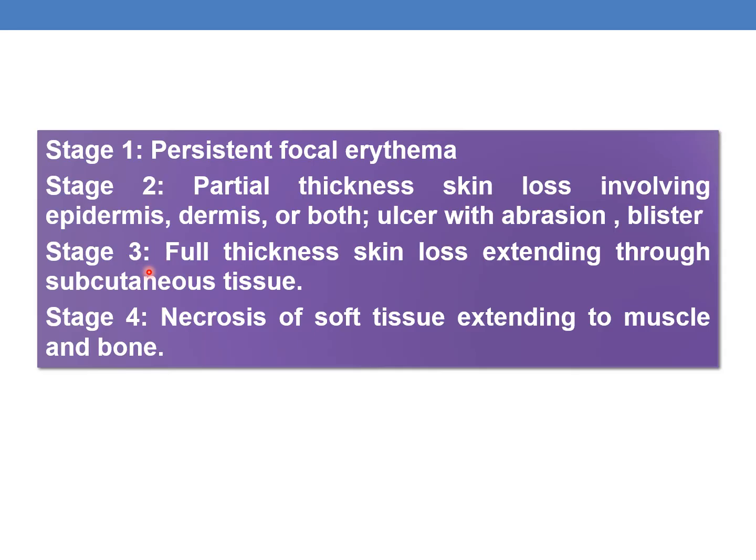And coming to stage 3, if the physician documents full thickness skin loss extending through subcutaneous tissue, then you can code stage 3. And if the physician documents necrosis of soft tissue extending to muscle and bone, you can code stage 4. So these are the various alphabetical index terms that indicate the stage. Either physician can directly document the stage or he can document the related terms. In both these cases, you need to code the appropriate code.